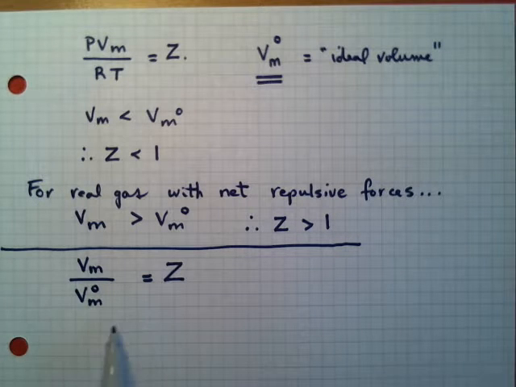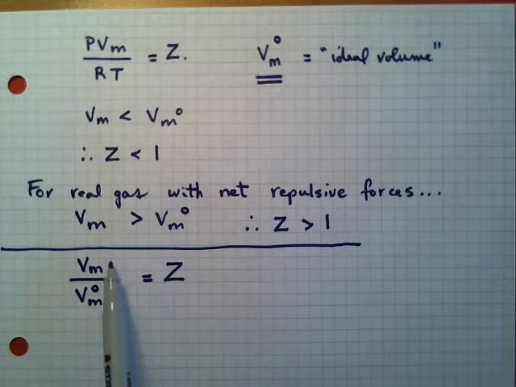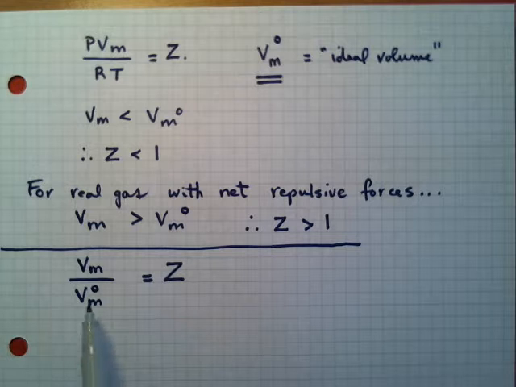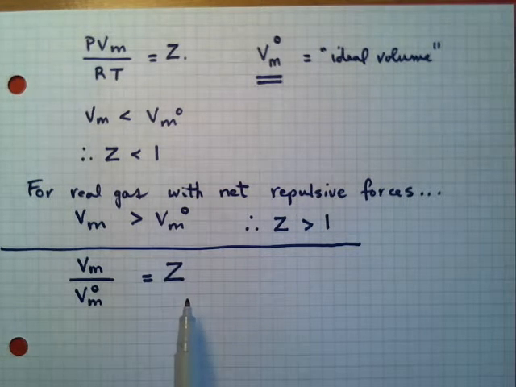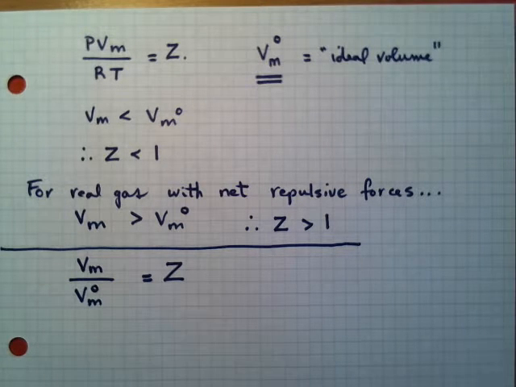Okay, so if you reason your way through, you will not, hopefully, get this upside down as an expression for Z. Good. And remember, Z is a unitless factor, the compression factor.